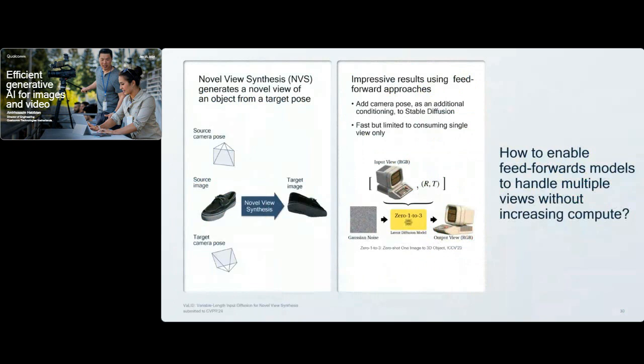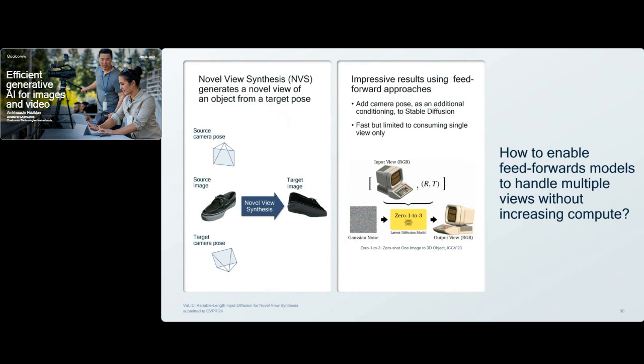And yeah, let me quickly go over the last paper that I want to share today, which is for improving feed-forward models for novel view synthesis. As some of you may know, novel view synthesis is a fundamental 3D problem where the goal is, given an input image taken from a particular camera pose, to render the image from a different target view.